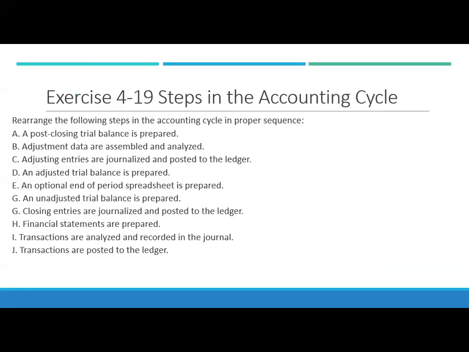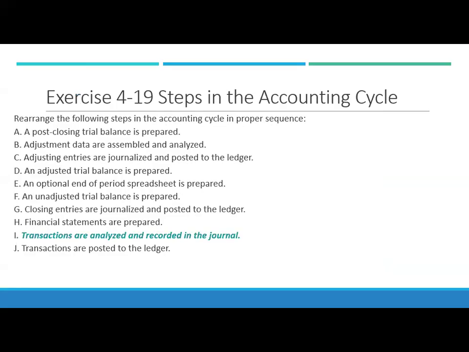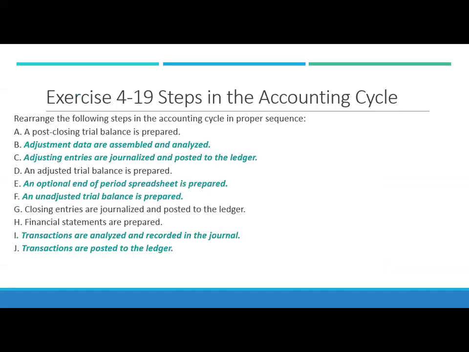And so then we have the steps in the accounting cycle. These are all the steps we just went over. We start with analyzing the transactions in the journal, then post to the ledger, prepare the unadjusted trial balance, gather the adjustment data, prepare the spreadsheet. Then we make the adjusting journal entries and the adjusted trial balance.